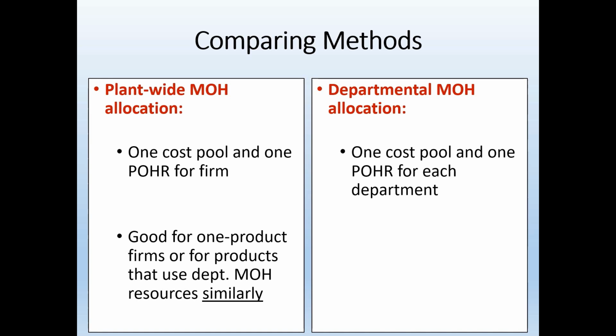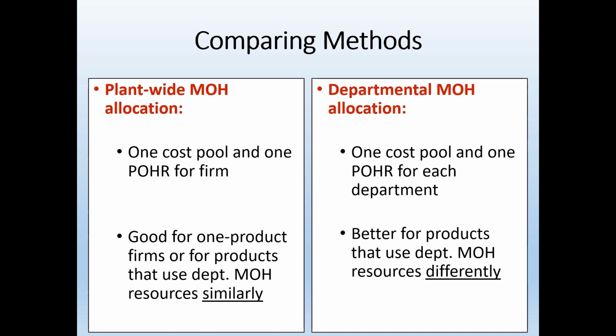Departmental overhead allocation uses a separate pool and computes a separate predetermined overhead rate for each department, so that the total overhead allocated to a particular product is the sum of its overhead from each department. Naturally, this involves more record keeping and more math, but it may give firms a better sense of how much their various products are actually costing them if the firm believes that its products use departmental overhead resources in different ways.